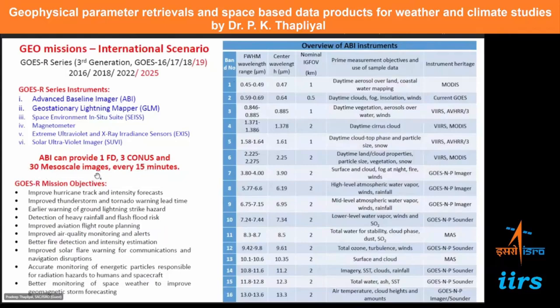If you want only some small region, say northern India, you can get 1 image every 30 seconds. And it's not only imagery, but it also provides information about vertical profile of temperature, humidity, and other parameters on cloud. So you can call this a pseudo sounder because this is an imager as well as having limited sounding capability, very similar to MODIS on the METOP satellite.